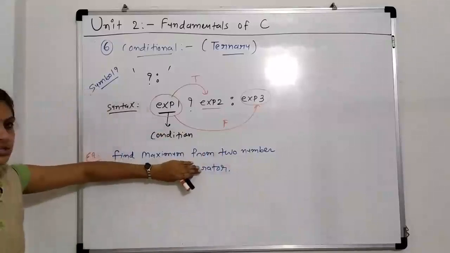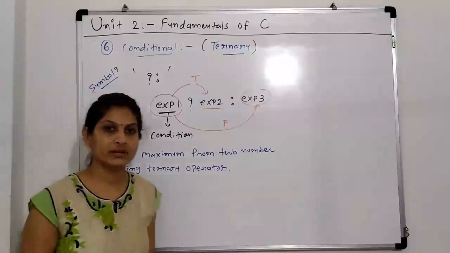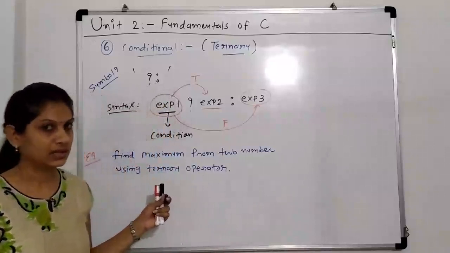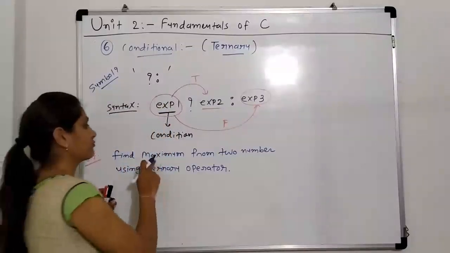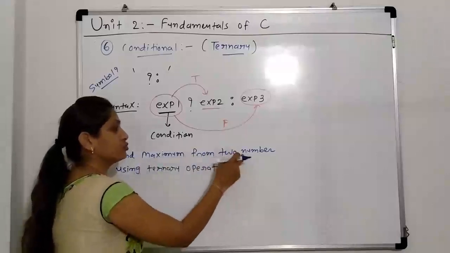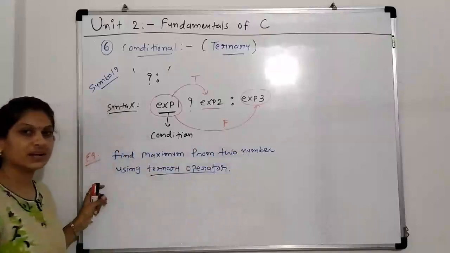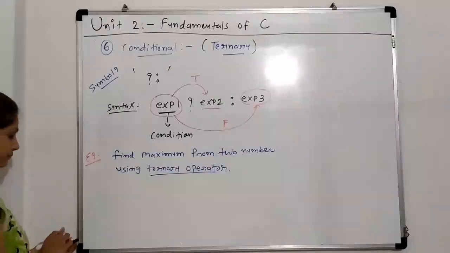If this line is not given, then you can solve it with any operator. You can use the relational operator, or the ternary. But here in the title it is given: find the maximum from two numbers using which operator? Compulsorily ternary. So let us start with that program.